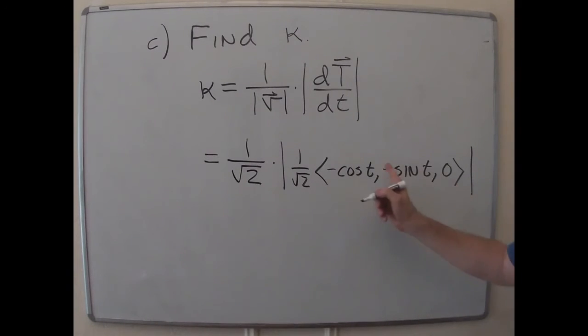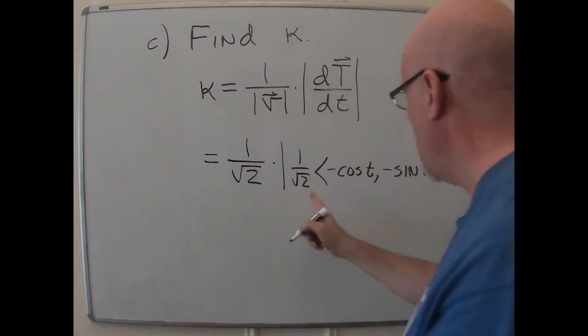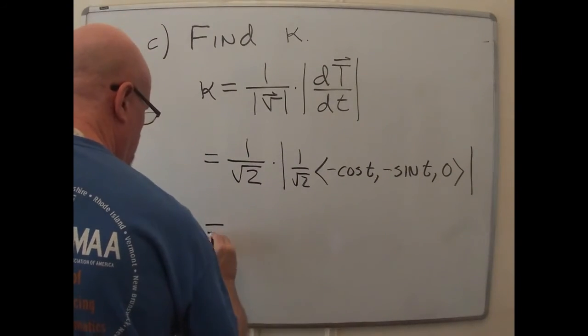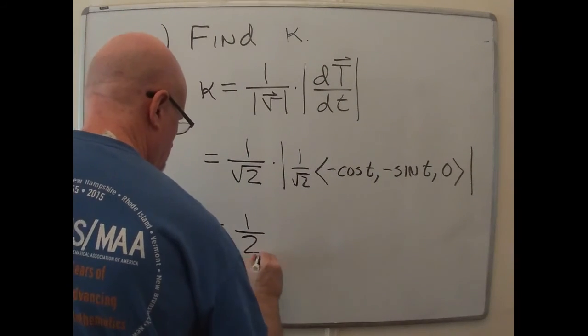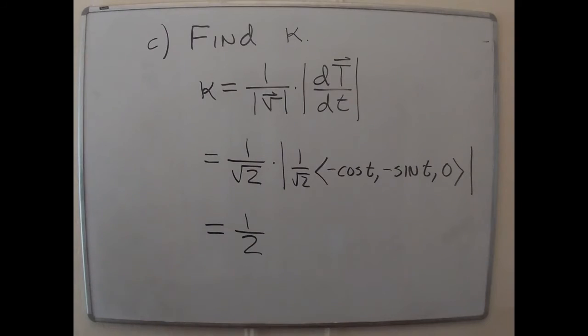I think I already remarked that this vector's length is exactly the number that's out front, because the part inside the vector here is just on the unit circle in the xy plane. So this is 1 over root 2 times 1 over root 2. The curvature there is a half, which means the osculating circle's radius is 2, if you want to think about it in terms of radius of curvature instead. It's the reciprocal of the curvature.